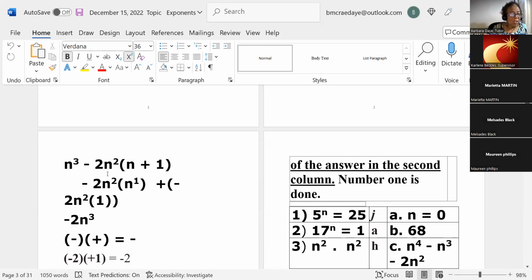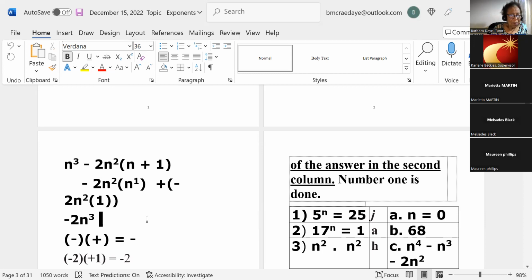Now, what's a minus 2n to the second times 1? Now we're multiplying the same expression by a 1. What's a minus 2n to the second times 1, Marietta? What would that give me? Wait a minute.